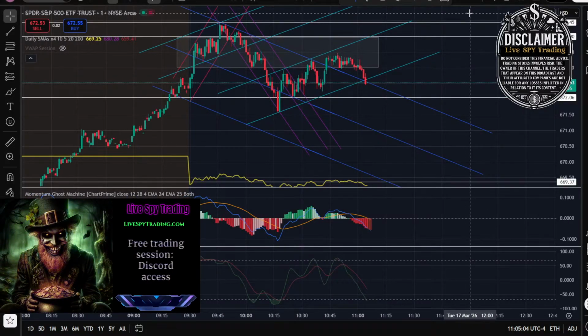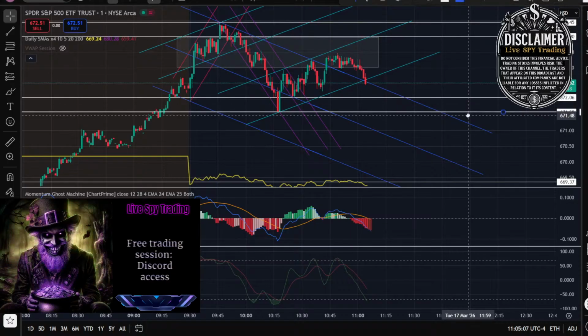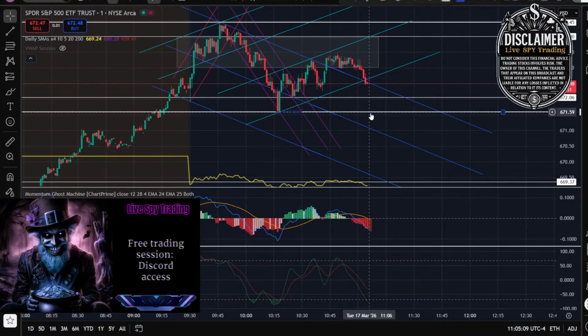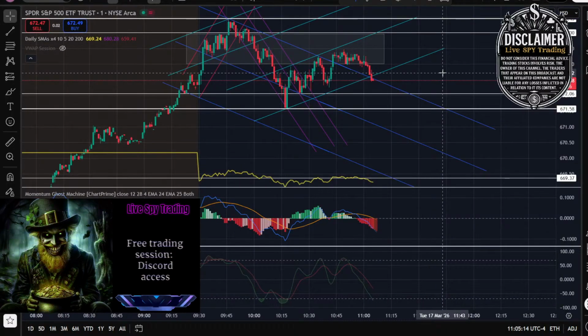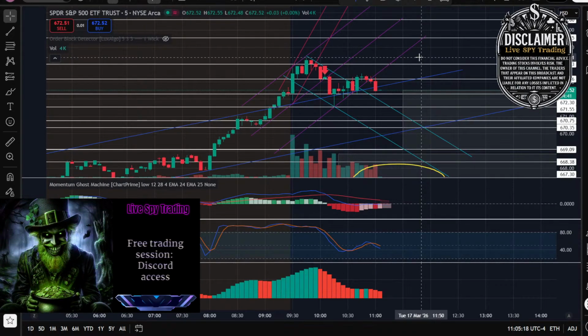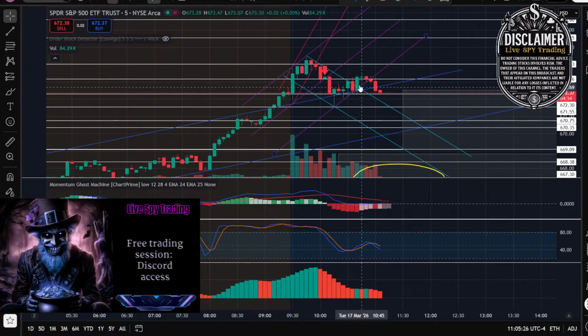I'm gonna mark out lower day. Okay, the break of teal on the 5-minute. You broke right here. Let's see, 72.69-ish, and then it went to 73.45.